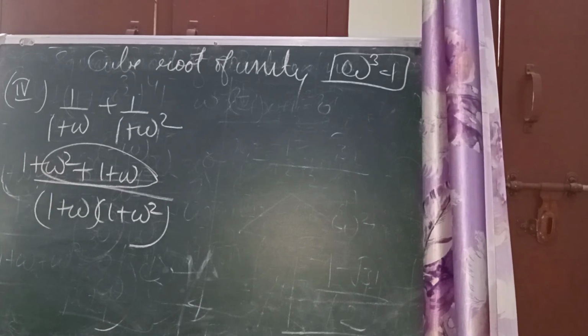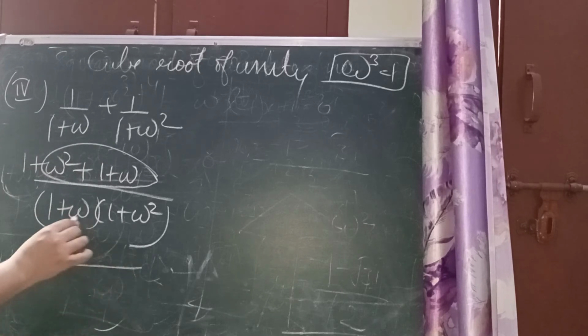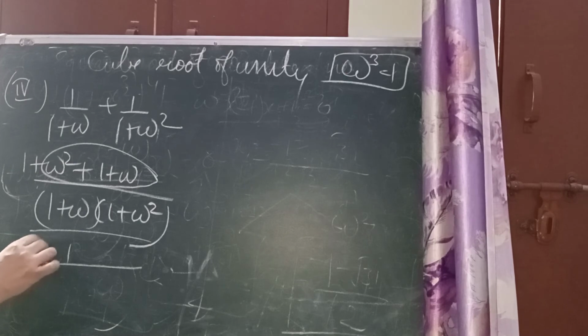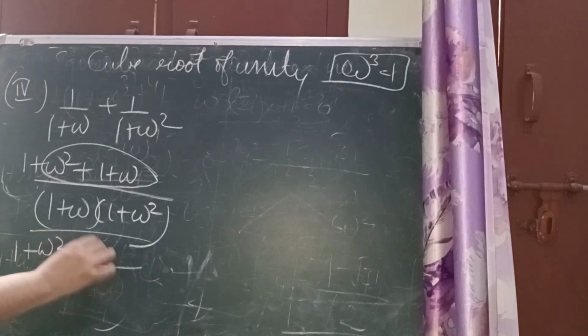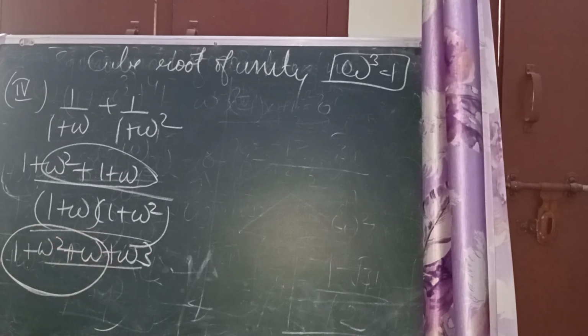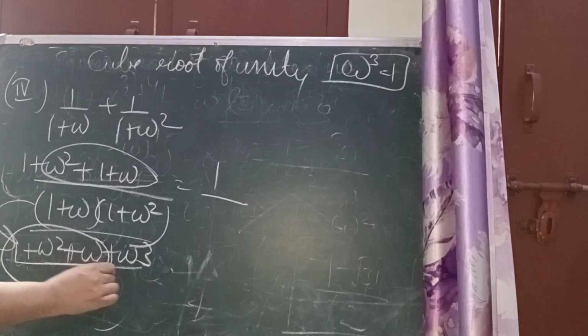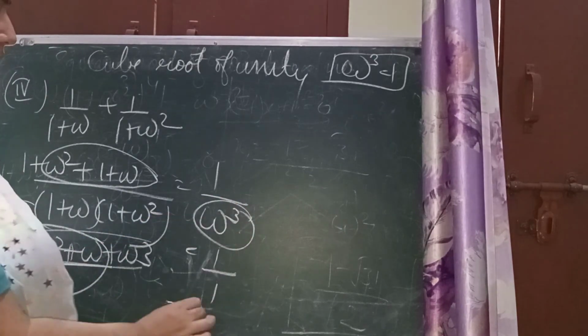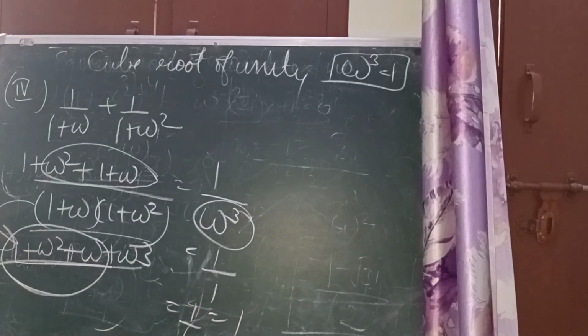It will be 1 + 1 + omega + omega square, which is 2 minus 1, so 1. Then let me multiply the denominator: it will be 1 + omega + omega square + omega cube. Here, 1 + omega + omega square is 0, so I got 1 upon omega cube. Omega cube is also 1. So it's 1 upon 1, and the answer will be 1.